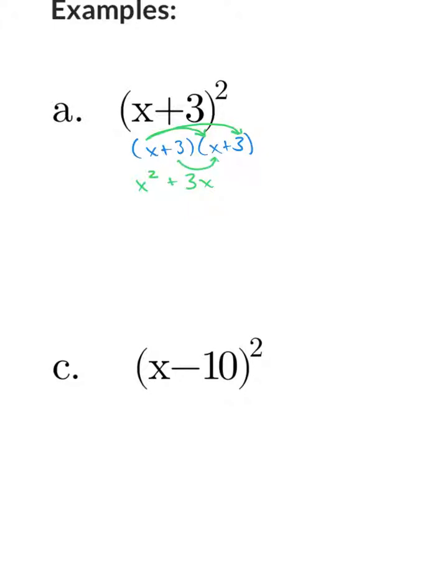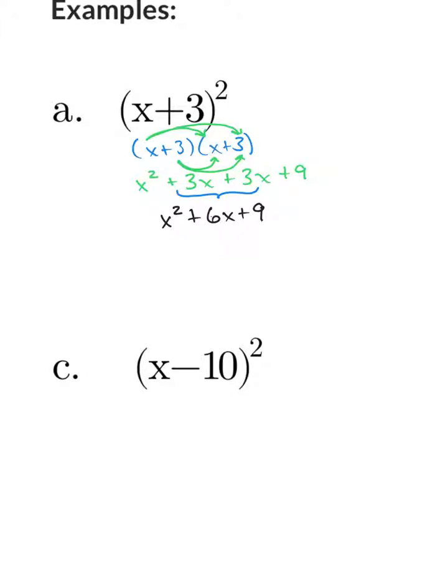Our insides, 3 times x is also 3x, and our lasts, 3 times 3 is 9. If we combine our like terms, we do in fact get x squared plus 6x plus 9, and we're done.